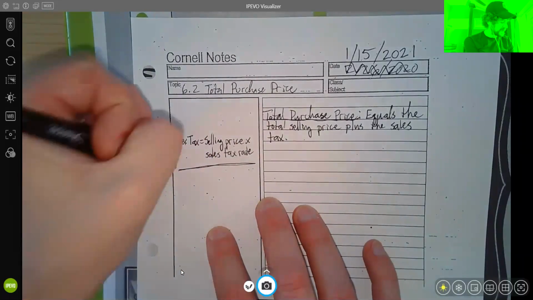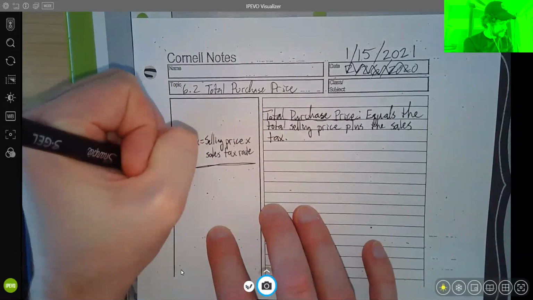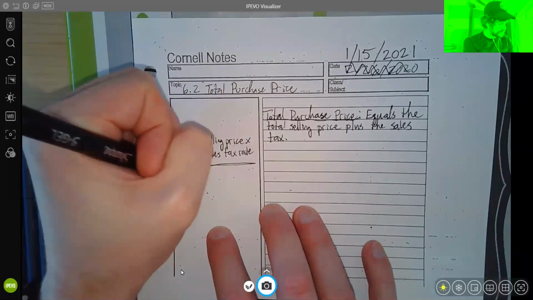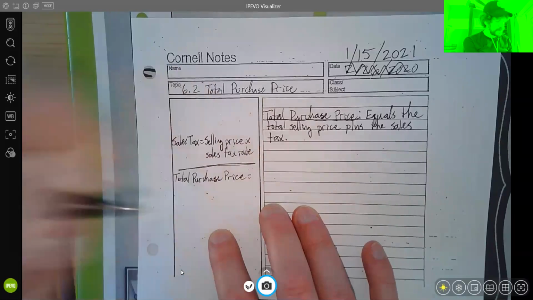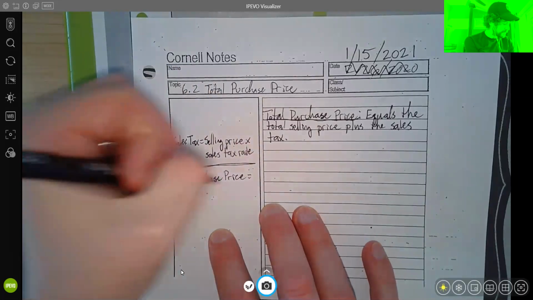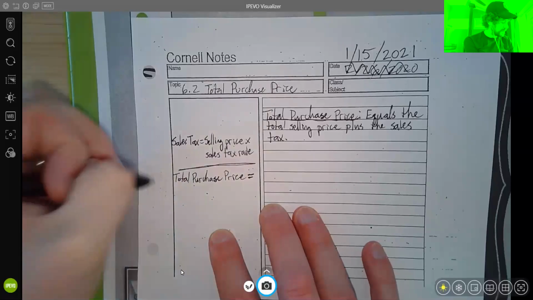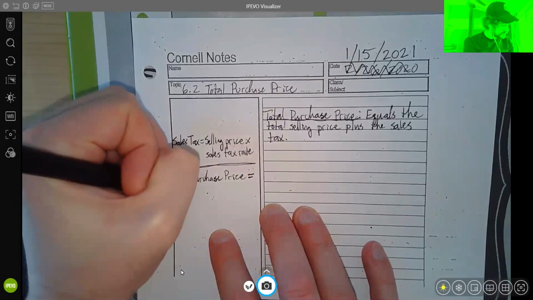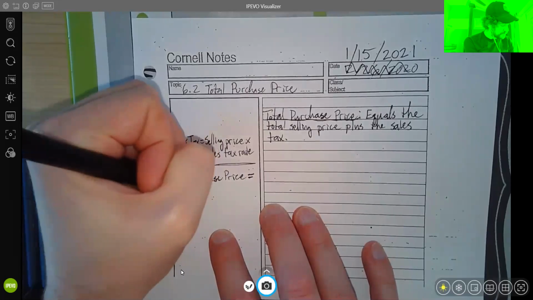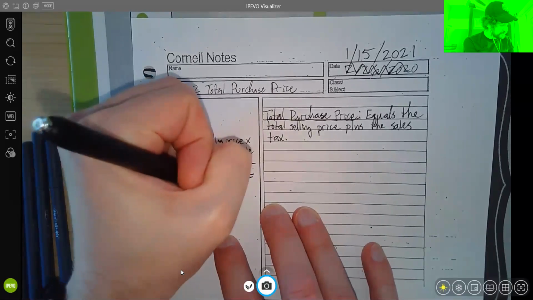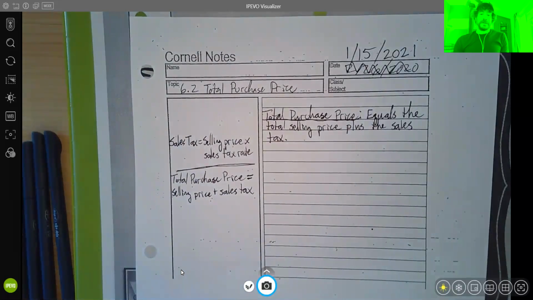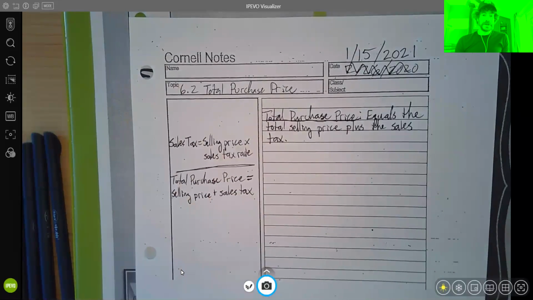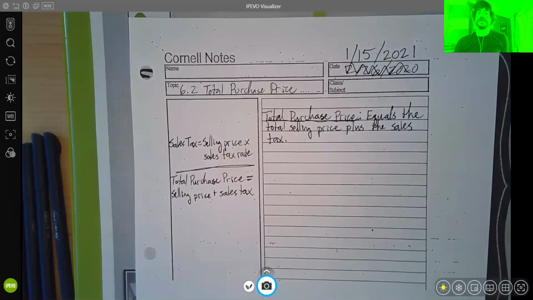So today we are saying that total purchase price is equal to the selling price plus the sales tax. And that's it. Really it's just one additional step of addition versus what we saw yesterday.